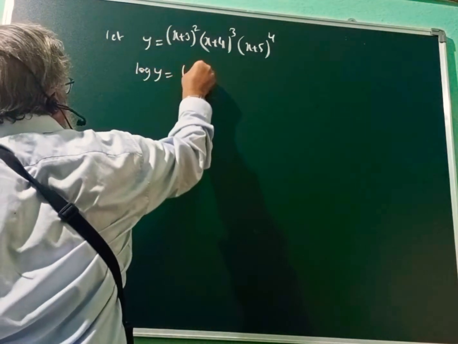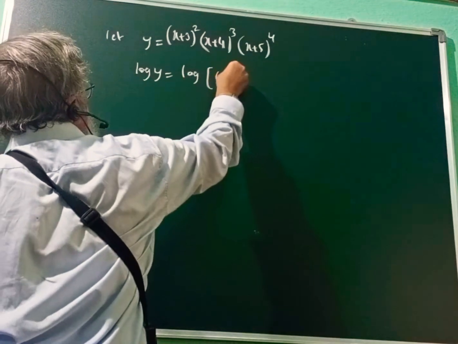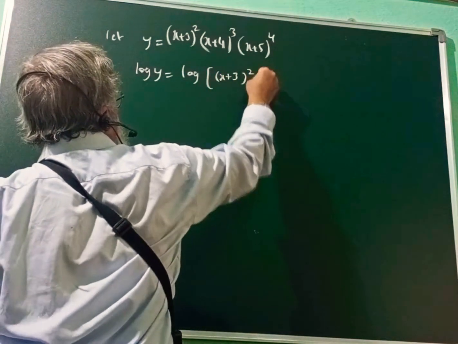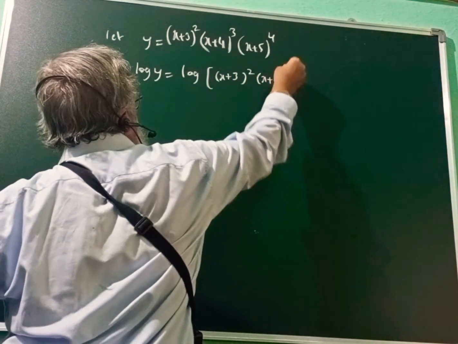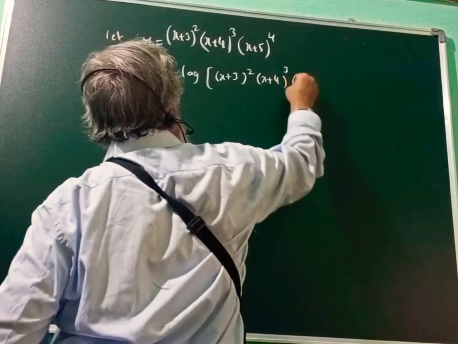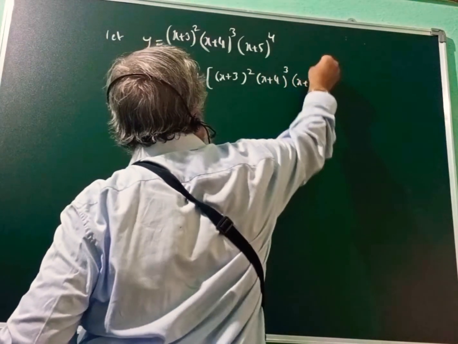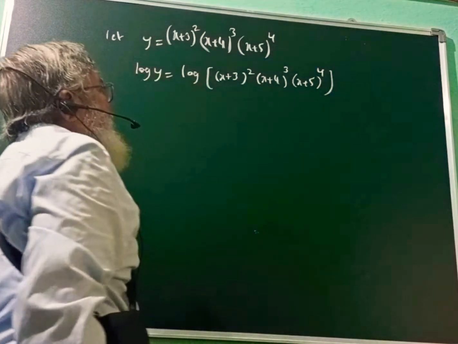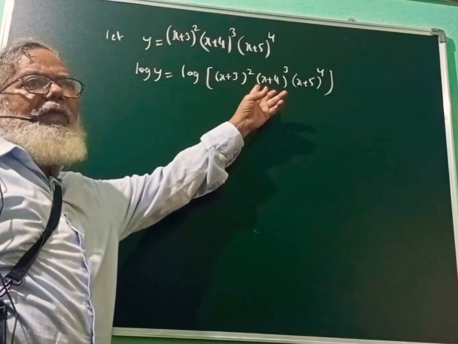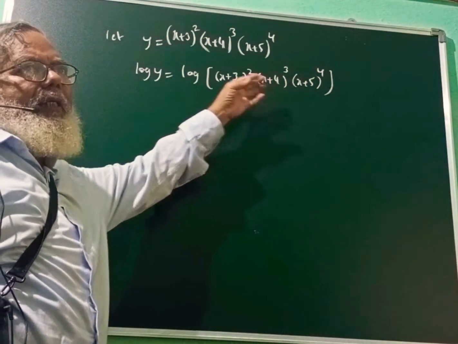Log y is equal to log of (x plus 3) square into (x plus 4) cube into (x plus 5) raised to 4. Now to separate it, we apply the first formula of the logarithm.